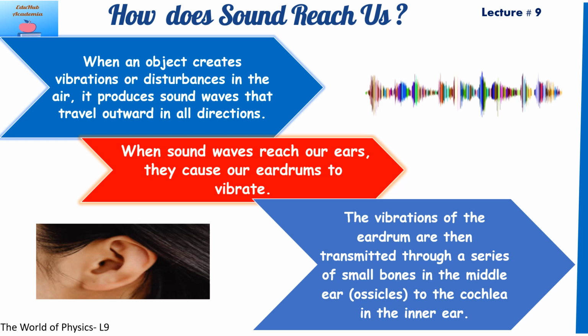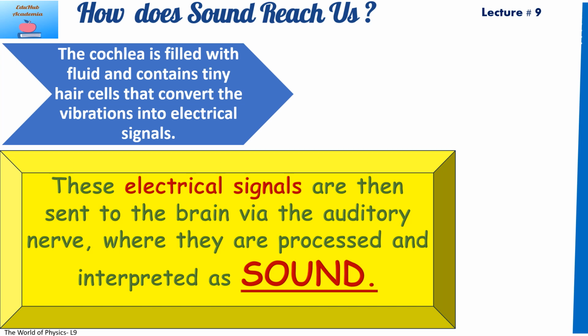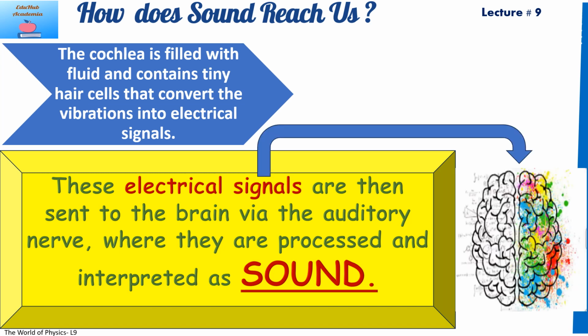The vibrations of the eardrum are then transmitted through a series of small bones in the middle ear to the cochlea in the inner ear. The cochlea is filled with fluid and contains tiny hair cells that convert the vibrations into electrical signals. Now, these electrical signals are then sent to the brain via the auditory nerve, where they are processed and interpreted as sound.